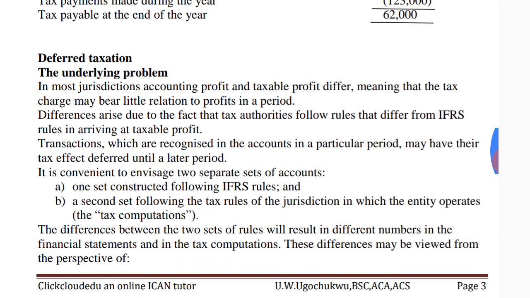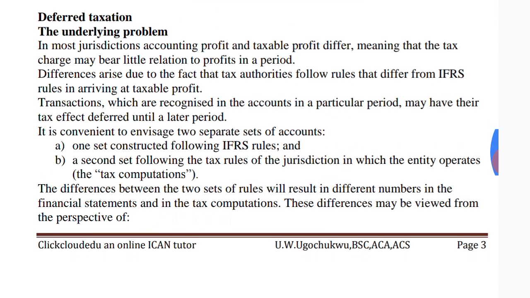Today we will look at the major area of the standard, which is deferred taxation. Deferred taxation is very important, whereby most companies or entities try to shy away from it. They don't want to recognize deferred tax. They just want to take the view of the government, so they don't want to look at the difference between the government's position and the items in the financial statement.